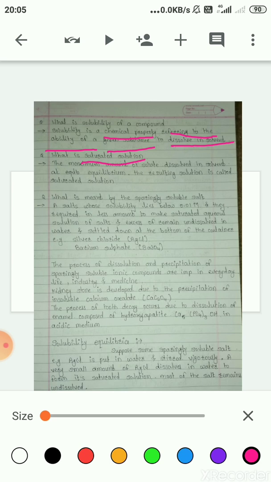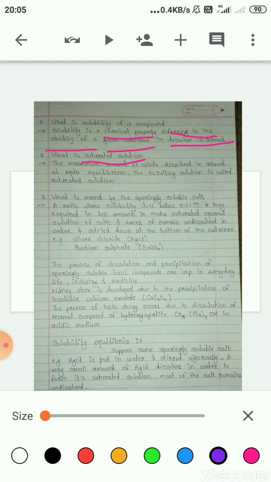The compounds that dissolve partially are the ones with lower solubility, which leave the solid substance as it is at the bottom of the solution, and such solutions are called saturated solutions.